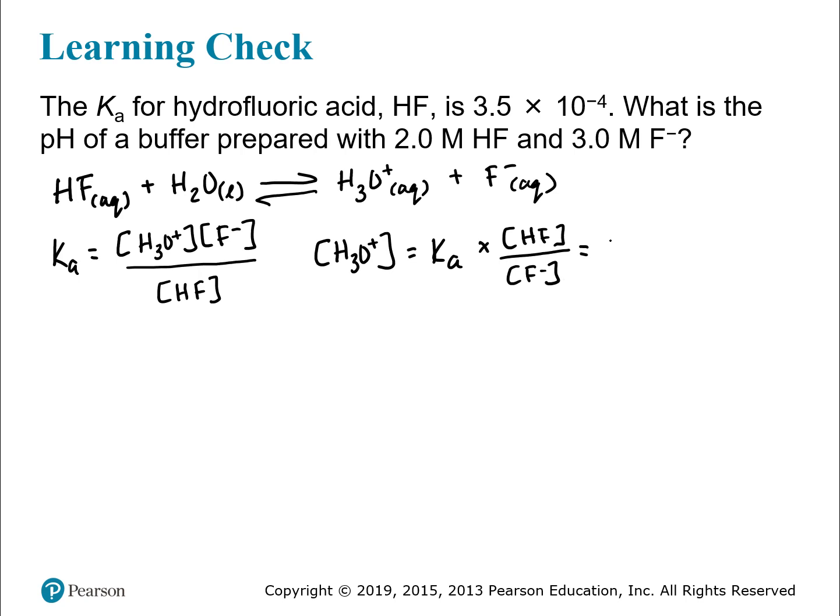We add in the numbers, and we get a hydronium concentration of 2.3 times 10 to the minus 4 molar.